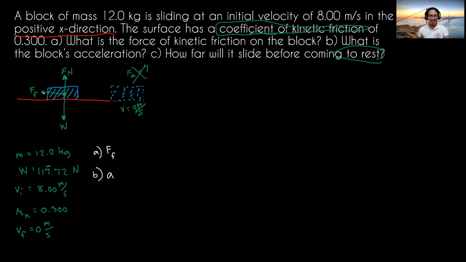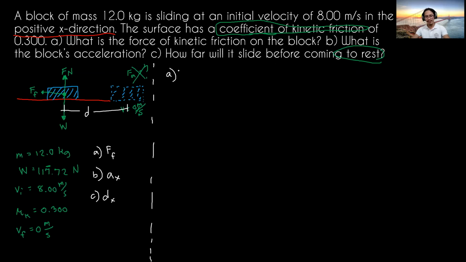Of course, it accelerates along the x, because its movement is only left or right; it does not move up or down. Now for letter C, how far will it slide before coming to rest? That is the displacement along the x. Questions? None? Okay, let's proceed.